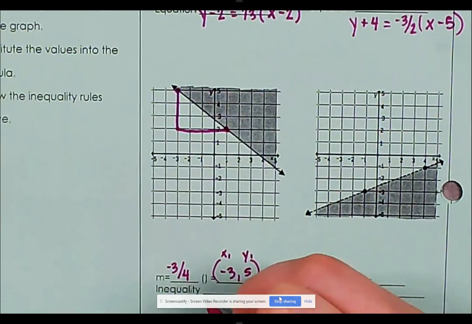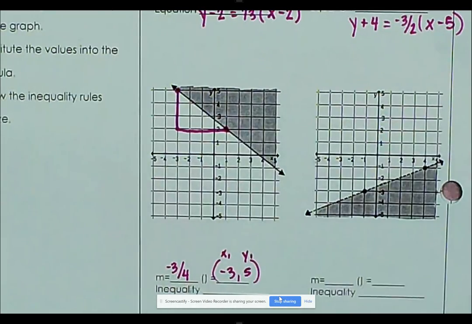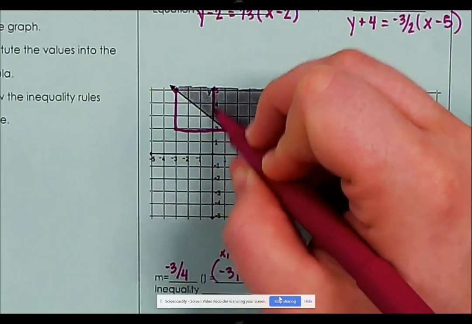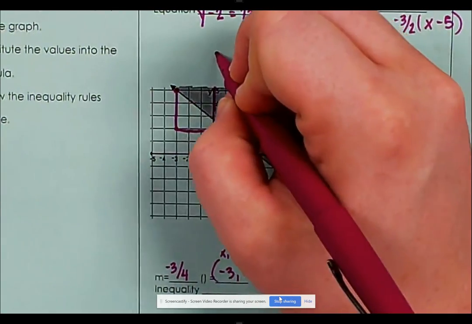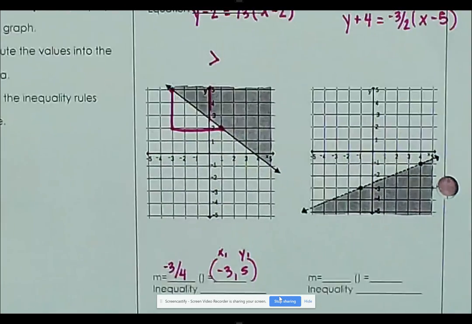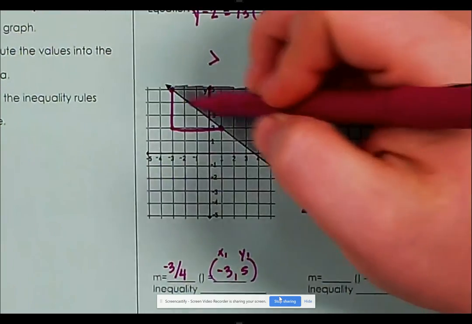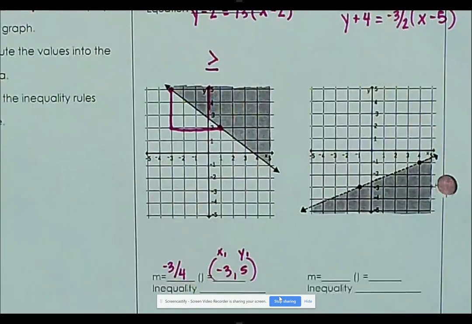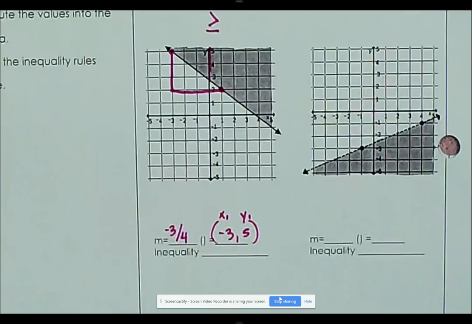Our inequality symbol, because it has shading, right? It is shaded above my b value, so it's going to be a greater than, and then I just need to look at the line to decide if it's going to be equal to or not. This is a solid line, so that's going to make my equal to line under there, right?